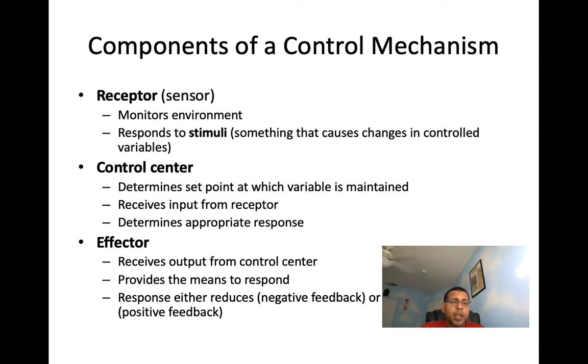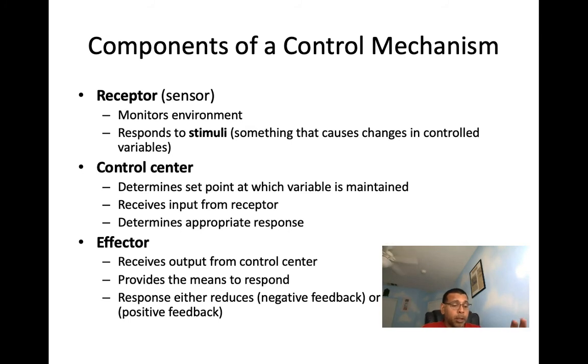Now, information or output is going to flow to the effectors via the efferent pathway. So it'll flow from the control center along the efferent pathway. Efferent, you can think of as exits from the control center.